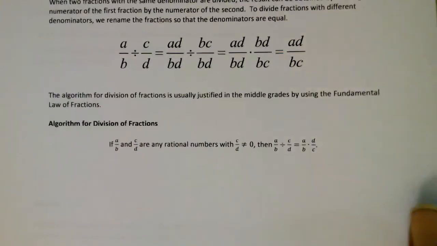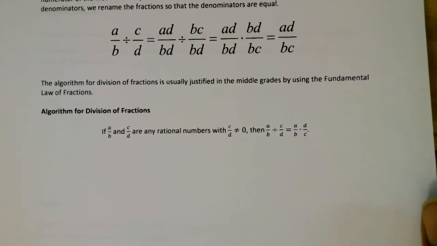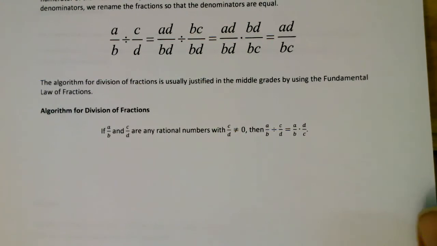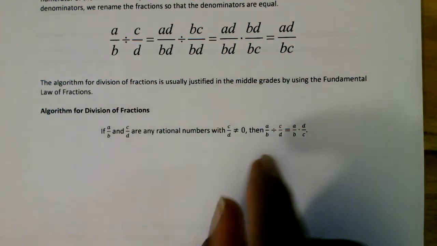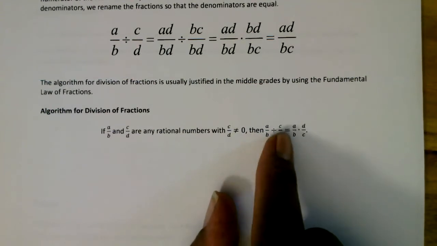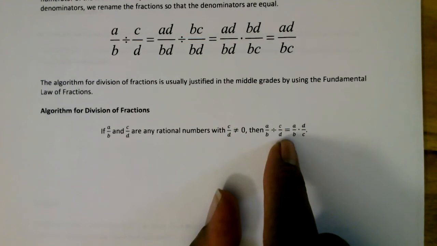And here's the algorithm for division of fractions. It's usually justified in middle grades by using the fundamental law of fractions, which is this. If A over B and C over D are any rational numbers where C over D does not equal 0, then that means A over B divided by C over D would be equal to this.